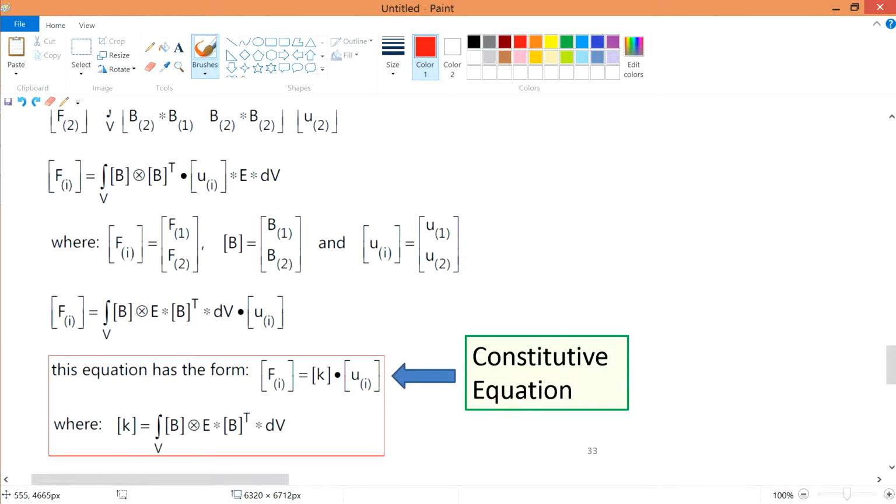Now I'm going to bring this E over to this side. I'm going to bring this U at the back. I don't know why they want to do that, but I get what it means already. So you bring this E to this side, you bring this U over to the other side. Later on you'll know what I mean. So therefore what I have is B times dyadic E times B transpose.